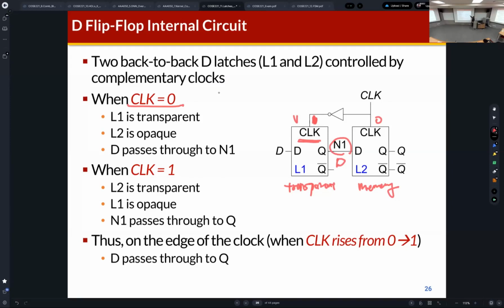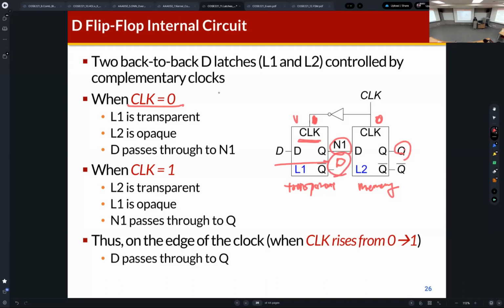But how about Q? Because this signal is 0, D is not reflected to Q, so Q just maintains the stored data in the L2 D latch.